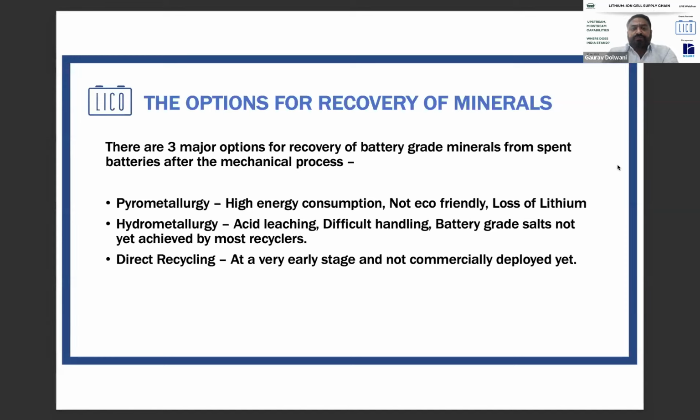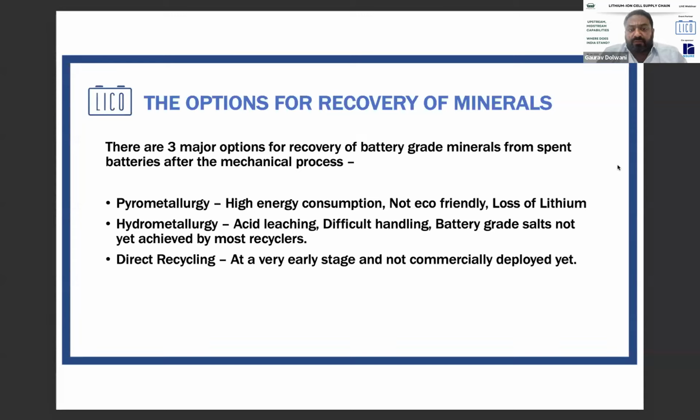In hydrometallurgy, which is acid leaching, through different stages of different kinds of acid, concentrations and timelines, you're able to retrieve each of those metals independently. However, doing it at lab scale is very different. When you are handling it at a larger stage, with 5,000, 10,000 metric tons per annum, handling these kinds of acids is extremely challenging, because you have a lot of questions on how you're going to handle these acids and how you will dispose of them.